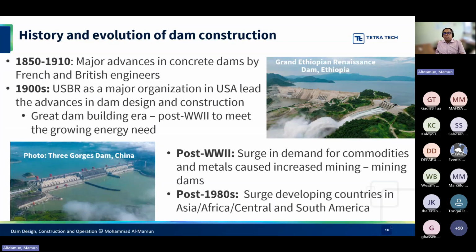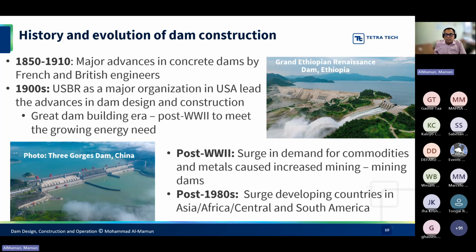As well as I think post-World War, there was also a surge in the demand for commodities and metals, and that also flourished the mining industry. And in a traditional mining process, they produce a lot of mining residues, right? So we call them tailings, and those are more like semi-solid, semi-liquid material, and they need containment. So some of the larger dams were constructed to support that mining.